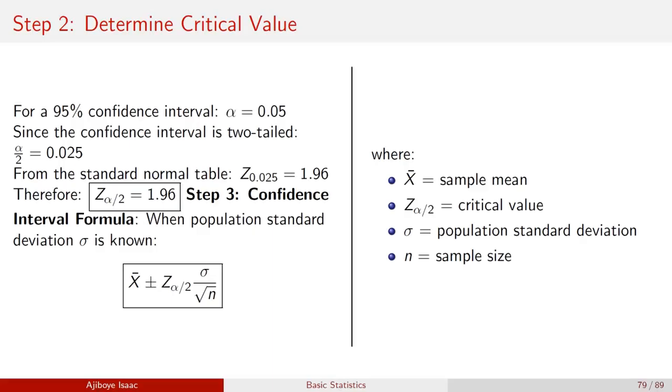So the confidence interval formula, therefore, is the sample mean plus or minus the critical value multiplied by the standard deviation of the sample means, which is equivalent to the population standard deviation divided by the square root of the sample size, where x bar is sample mean, z alpha over 2 is critical value, sigma is population standard deviation, and n is sample size.